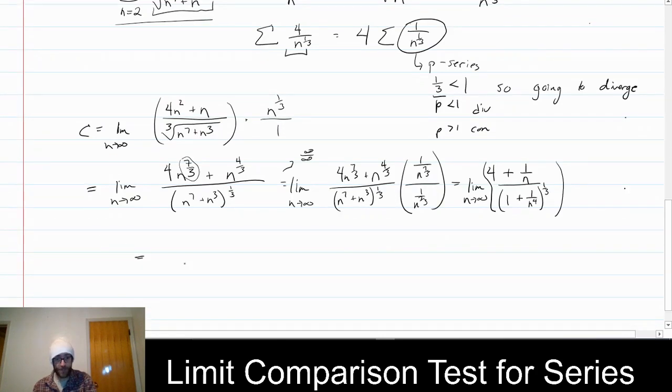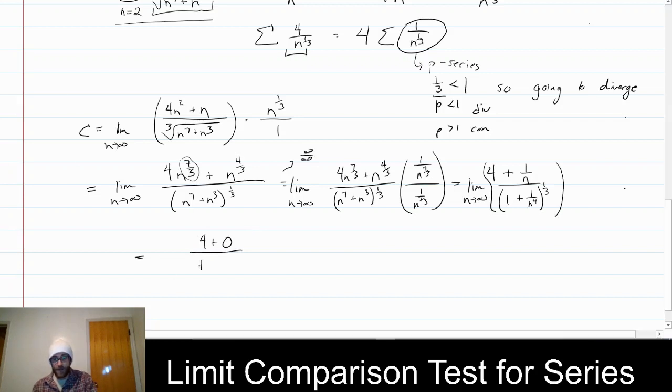So taking this limit, we get 4 plus 0, as n goes to infinity, 1 over n goes to 0. Remember that we're taking the limit of the sequence now and not the limit of the series. Otherwise, it would diverge. But in this case, it's just the limit of a sequence and not the limit of a series. So it's going to go to 0.